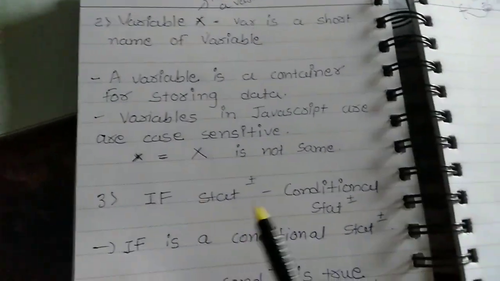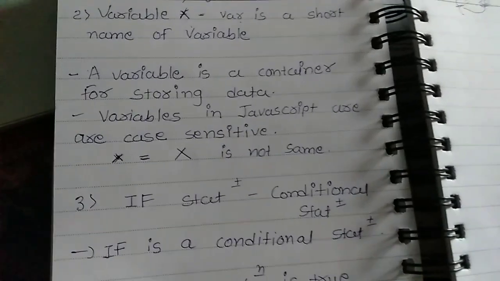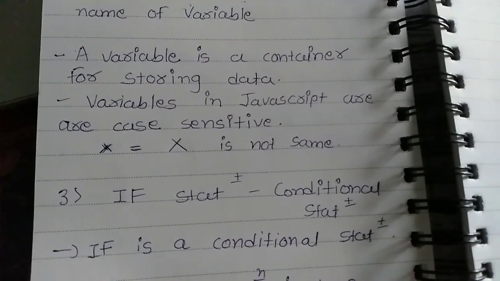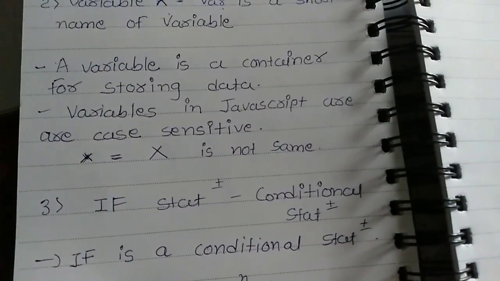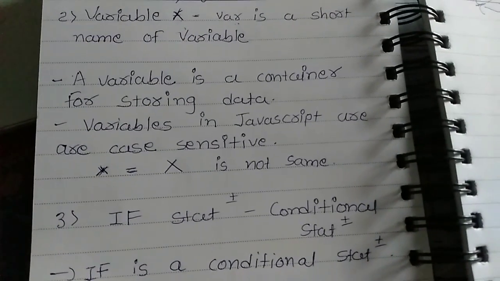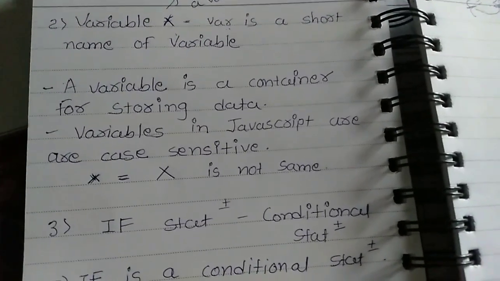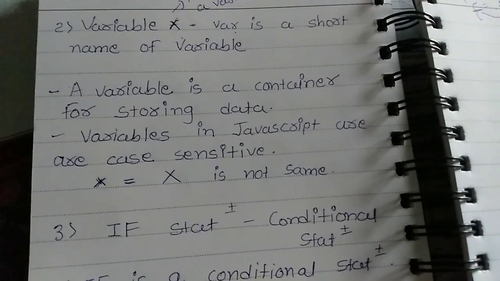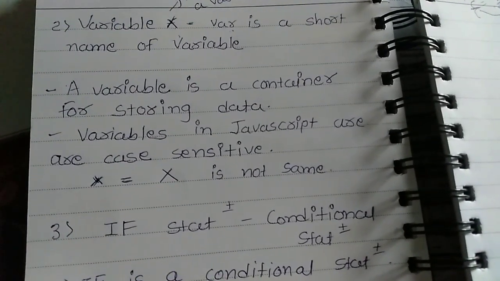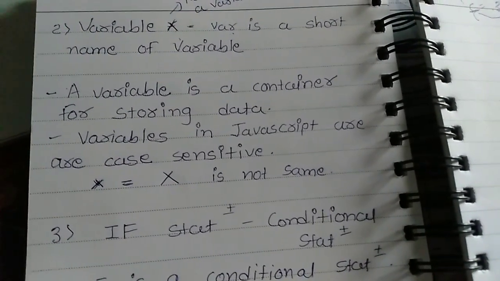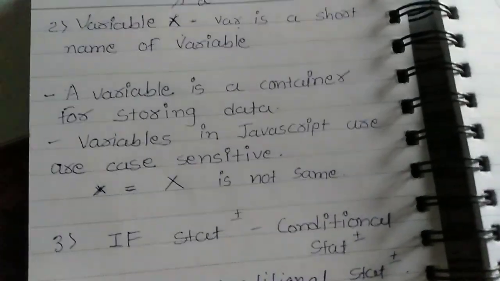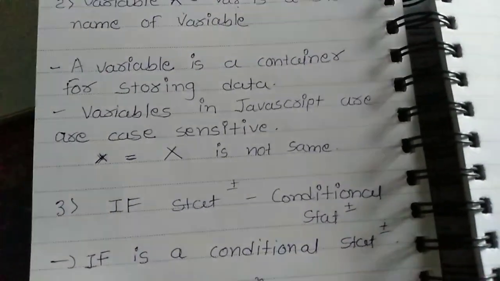Next is the if statement. If statement means what? If is a conditional statement. For example, I am giving one example. If today is Sunday, and the condition is true, then you have to go to home. Else go to school.